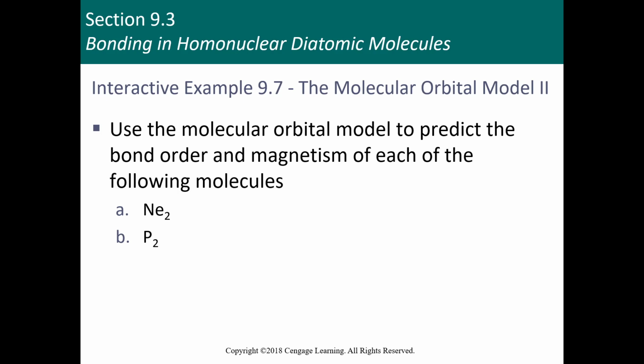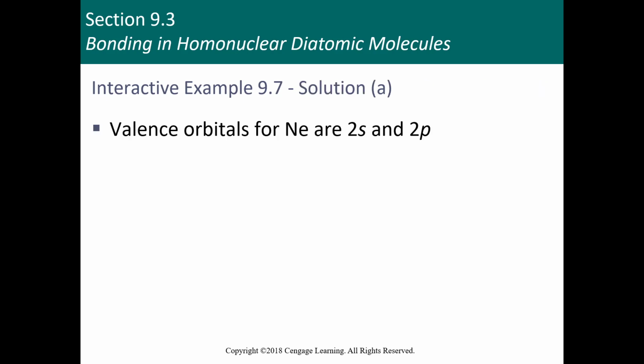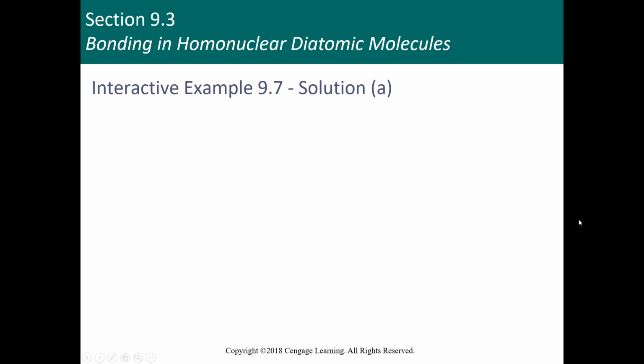They don't bond, you should know that because it's a noble gas. So automatically, you don't have to actually do anything for Ne2. You could have just said, well, it's bond order 0, it doesn't bond. And for magnetism, everything's paired up because it's full. But anyways, we'll do it. That's a good example. It's good practice.